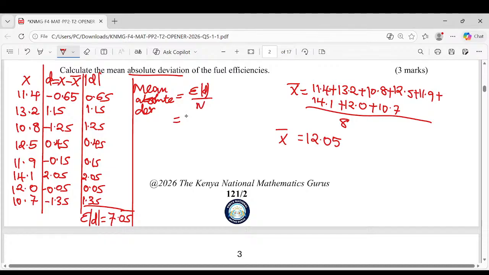This will be 7.05 divided by 8. When you divide 7.05 by 8, you get 0.88125 as your answer, ladies and gentlemen.